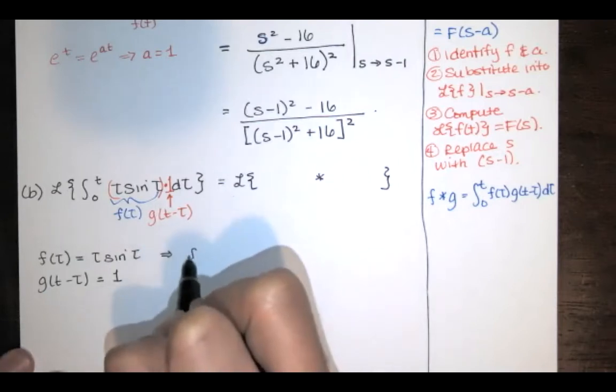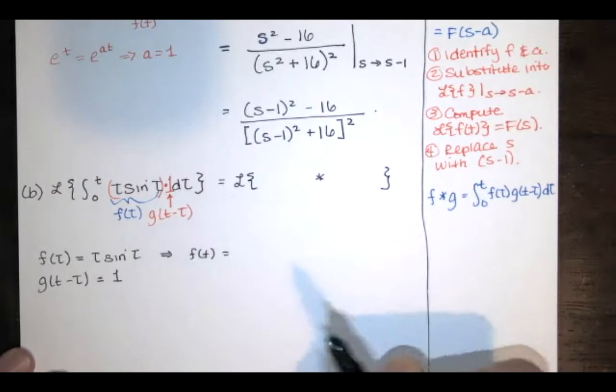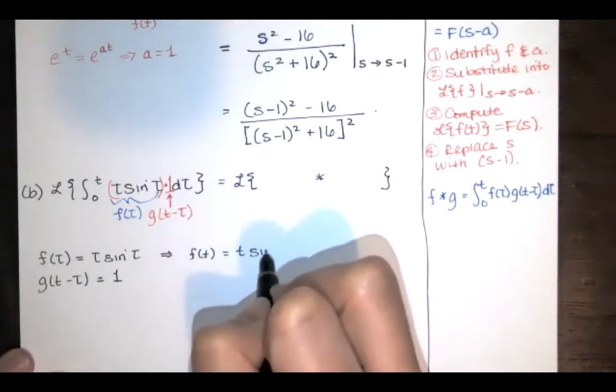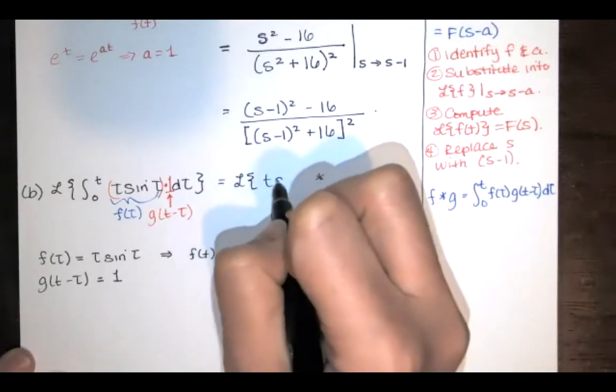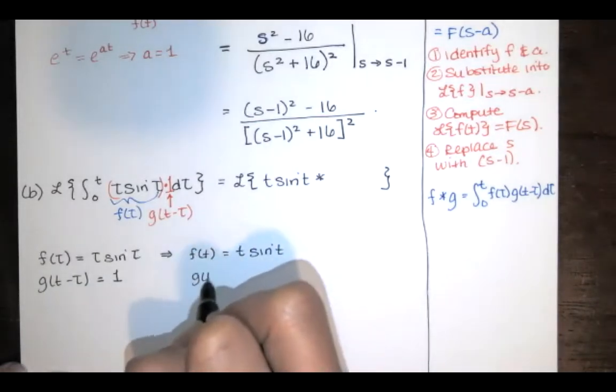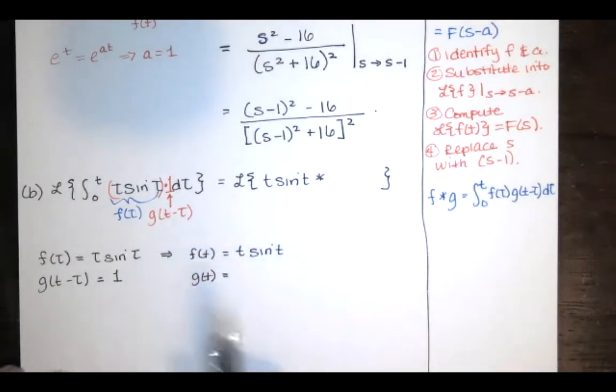So that means that this is the convolution of f of t. We just replace all the taus with t's. That's t times sine of t with whatever g of t would have to be if g of t minus tau is 1. Now, if g of t minus tau is 1, that means it's a constant function.